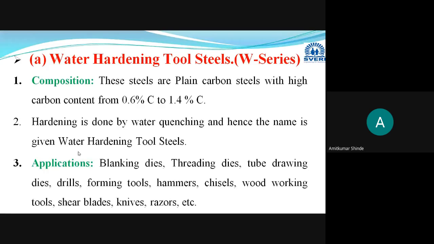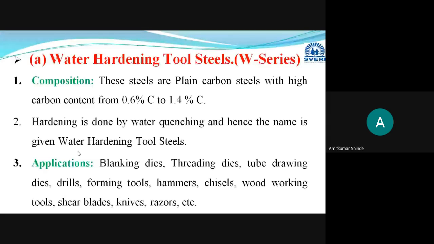So this is the very important property: hardening is done by water quenching, and hence these are termed as water hardening tool steels. After writing these, a few common properties will be there, like hardness and wear resistance being very good at lower temperatures, and their cost being very low.